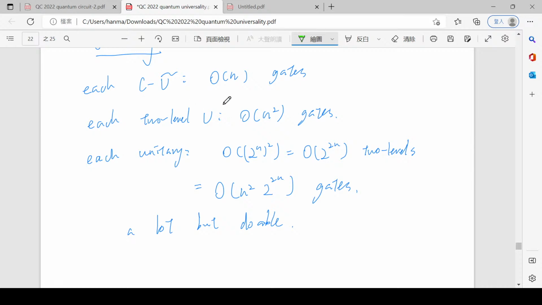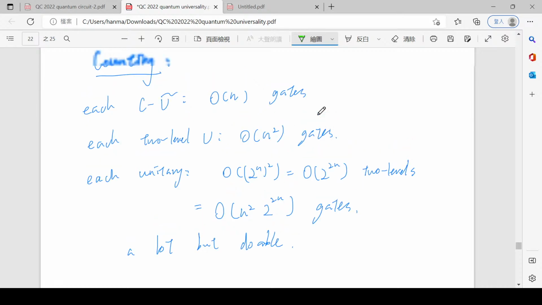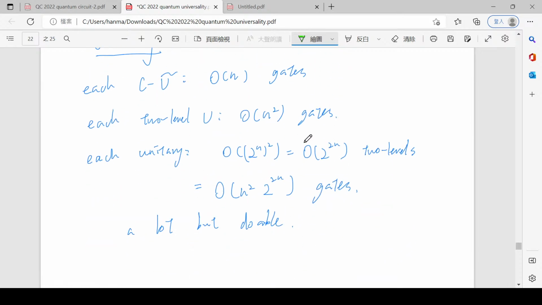And you can do a bit of counting about how many gates you need to use to construct your quantum circuit. So each control U is about 1 gate, etc. And at the end, you see that you need about this n squared times 2 to the 2n gates. It's quite a lot because it's exponential in this n and quite a big exponential.